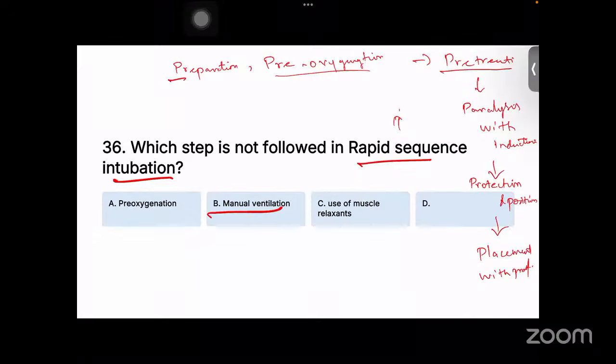That minimizes gastric insufflation and aspiration risk, because RSI is performed mainly to minimize aspiration risk. So the answer here is manual ventilation.